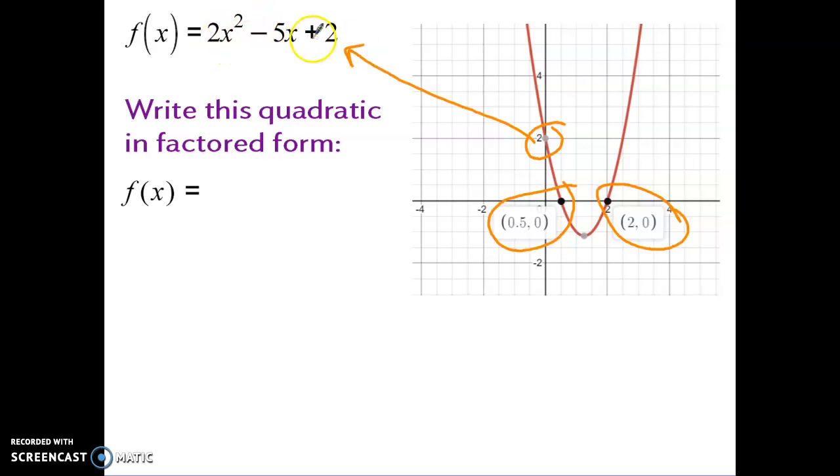Now if I take this same one and I write this standard form into factored form, well, that's going to be what I just figured out. X minus 2 times 2x minus 1. So factored form is what gives us the x-intercepts. Standard form is what helps us easily find the y-intercept.